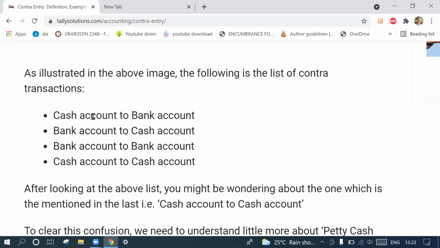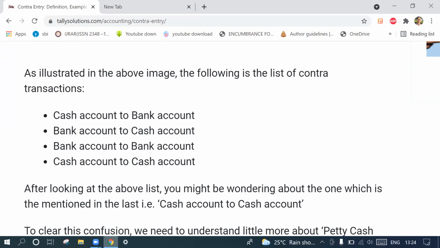Depositing cash in the bank, withdrawing cash from the bank, transferring the balance from one bank account to another bank account, and from one cash account to another cash account.